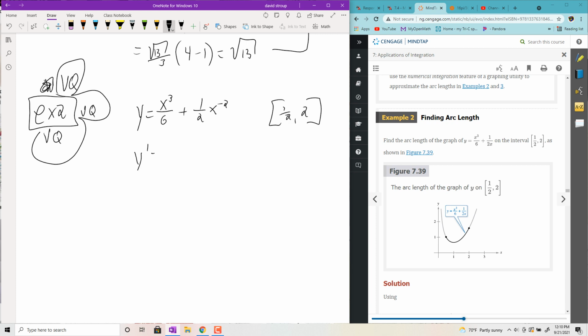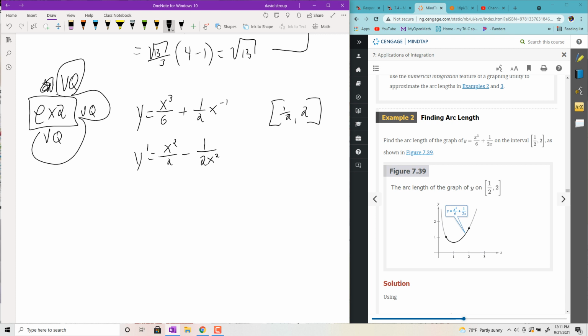So y prime, let's get that out of the way. 3x squared over 6 is x squared over 2. Then minus x to the negative 2 over 2. So what's the power rule? Sorry about that. It's to the negative first power, so negative 1 all over 2x squared.